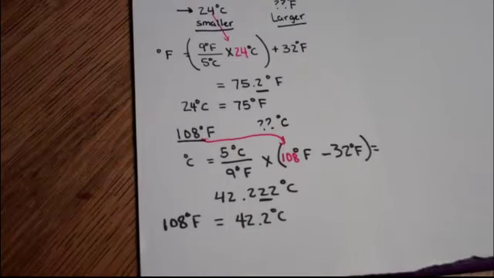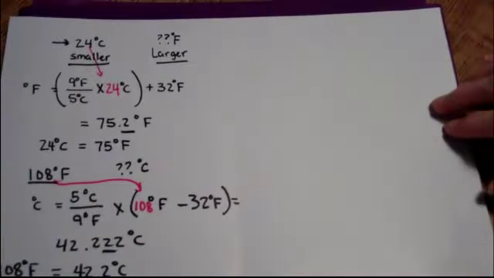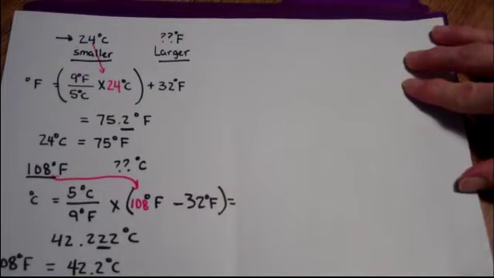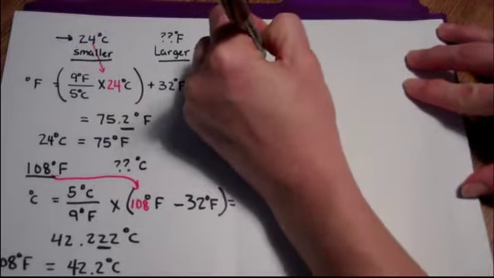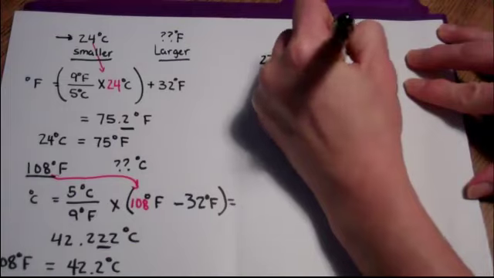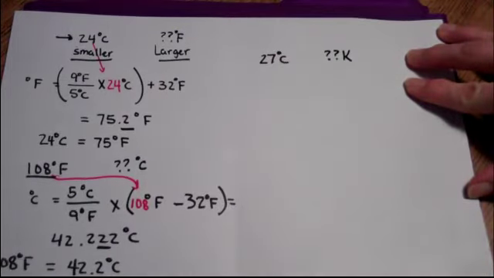So we'll do one more conversion for temperature, and we'll go from the Celsius to the Kelvin scale. So if I have 27 degrees Celsius, and I want to know what this is in the Kelvin scale.